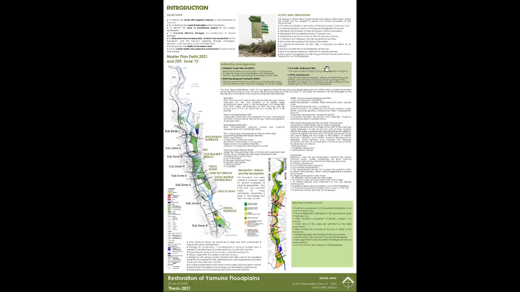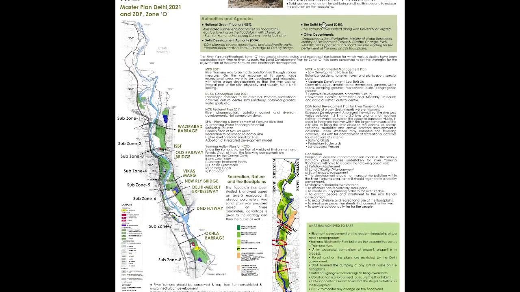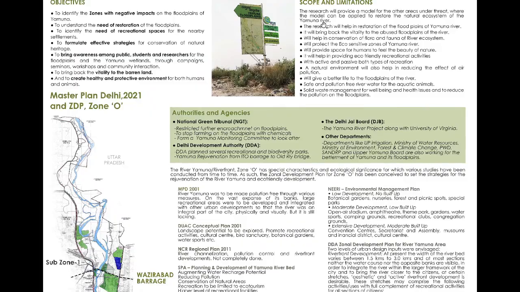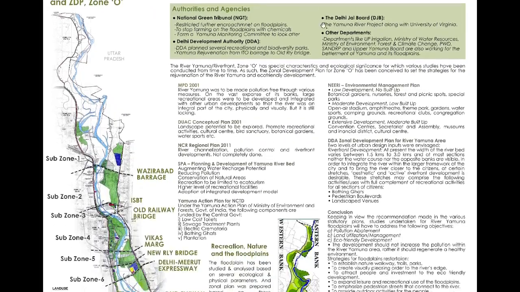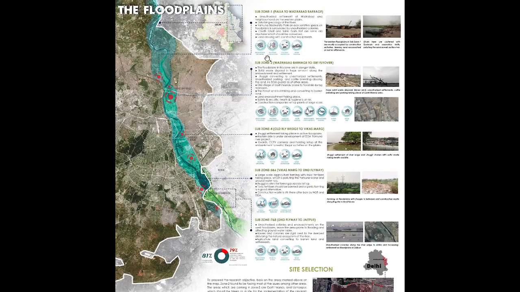Then I studied Master Plan Delhi 2021 and the several authorities involved in the development of the Yamuna River, to know what has been done so far on the floodplains in the back years. Moving forward, I carried out a study over the floodplains throughout and identified the issues on the floodplain of Yamuna in Delhi.